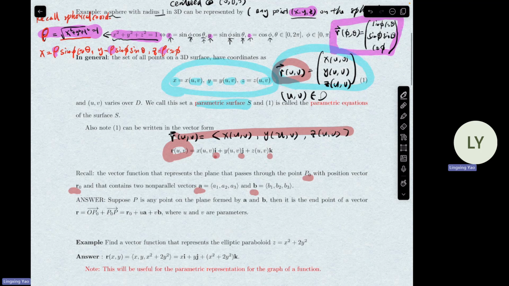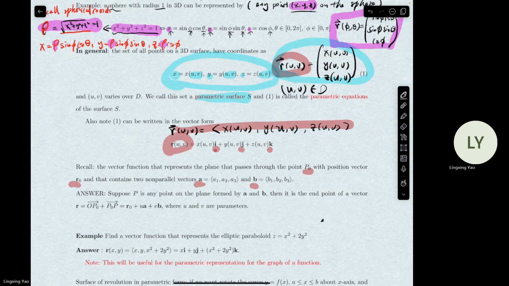Well, let's draw a diagram. Suppose this screen is what we have for the plane, right? So this point is indeed P naught, and then the two vectors A and B are formulated so that we put their tail at the same point P naught and point in the A and B directions on their own.